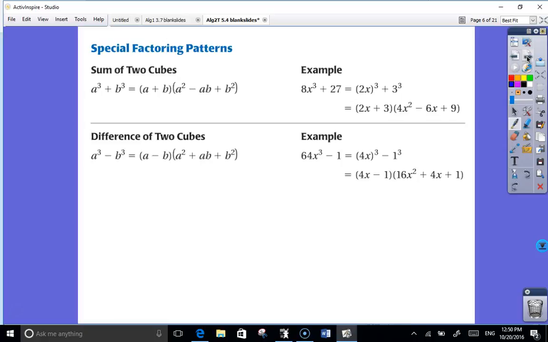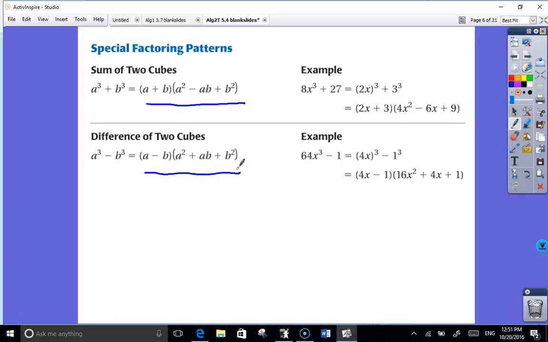If you notice both of these formulas, the sum of cubes and the difference of cubes, it factors into a binomial times a trinomial, 2 terms times 3 terms. So if you get a multiple choice question that asks you to factor the sum of cubes, and one of the choices isn't a binomial times a trinomial, then you throw it out. It's got to be a binomial times a trinomial. And that can get you far.